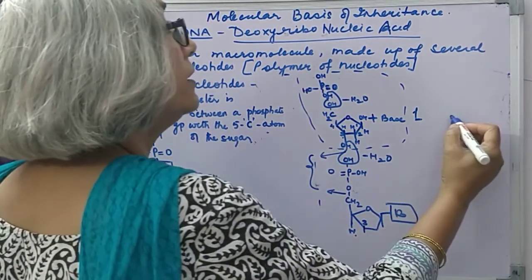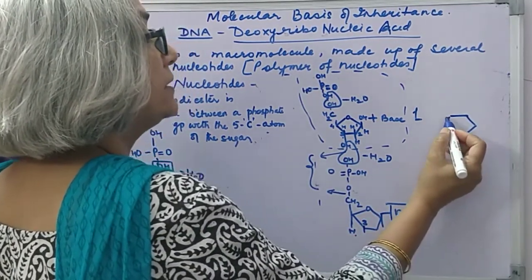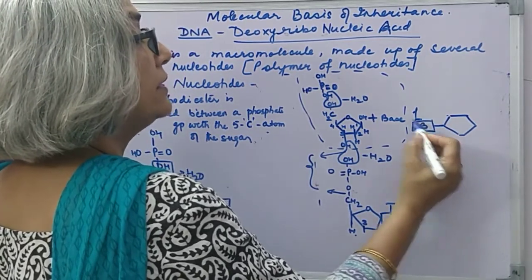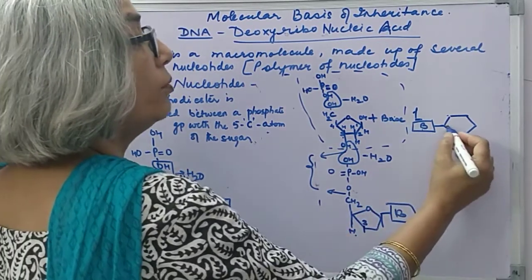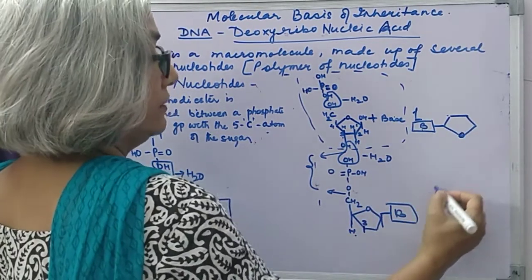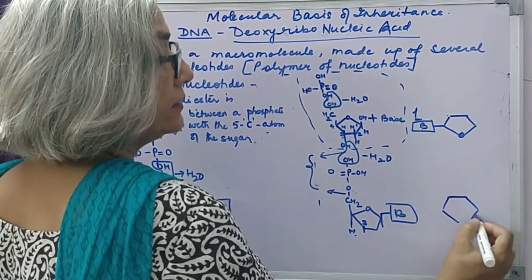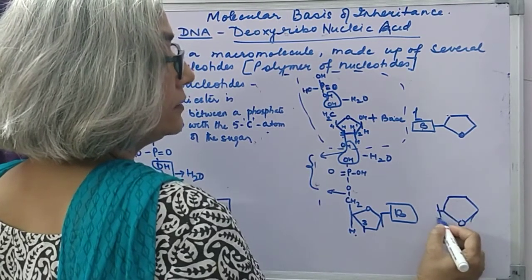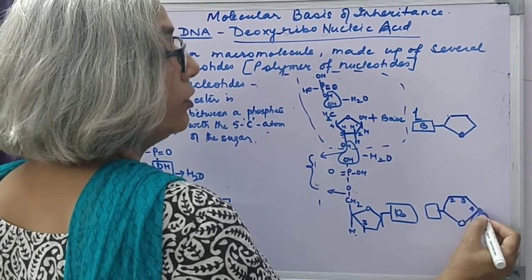The other chain runs anti-parallel like this. The bases are towards the inside, and there is hydrogen bond that is formed between the bases. The next base is like this, and this is carbon 1, carbon 2, carbon 3, carbon 4.